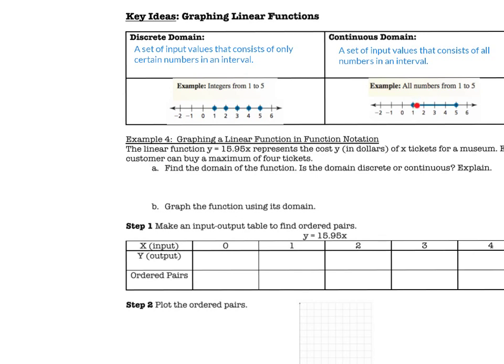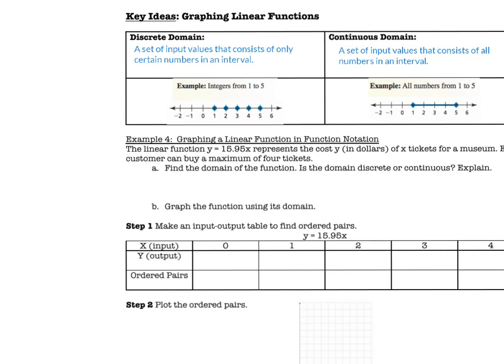If it's a continuous domain, we start at 1 and go to 5, and it consists of all the numbers in this interval. So even 2.5 or 3.25 or 4.75, all the numbers are part of this domain. Whereas this domain, it's only 1 and then only 2 and then only 3. So that is a discrete domain versus continuous domain.